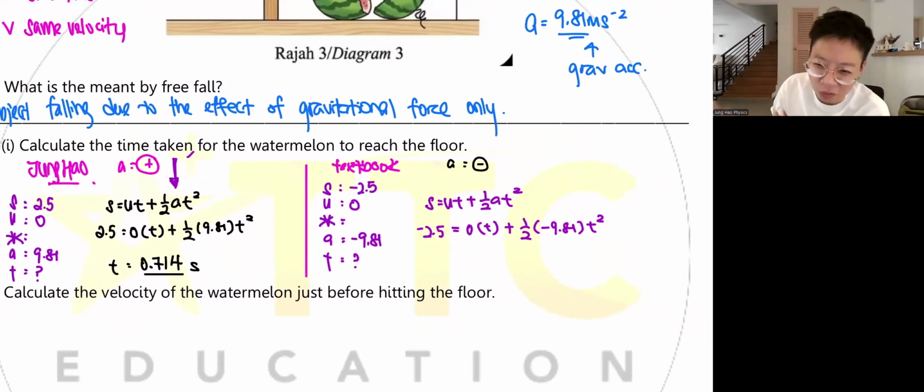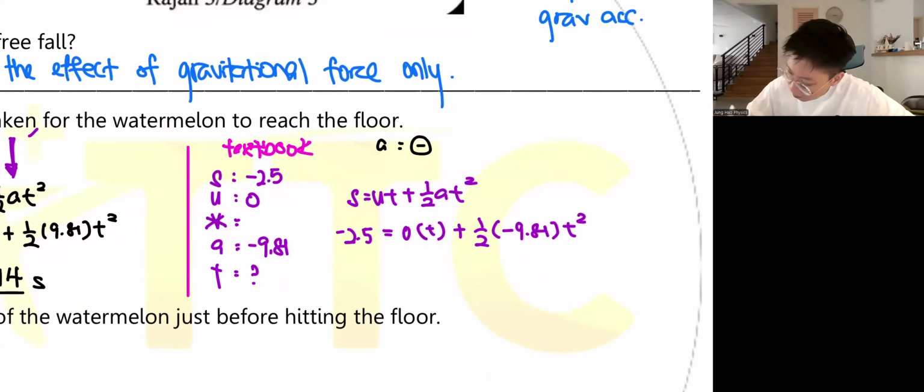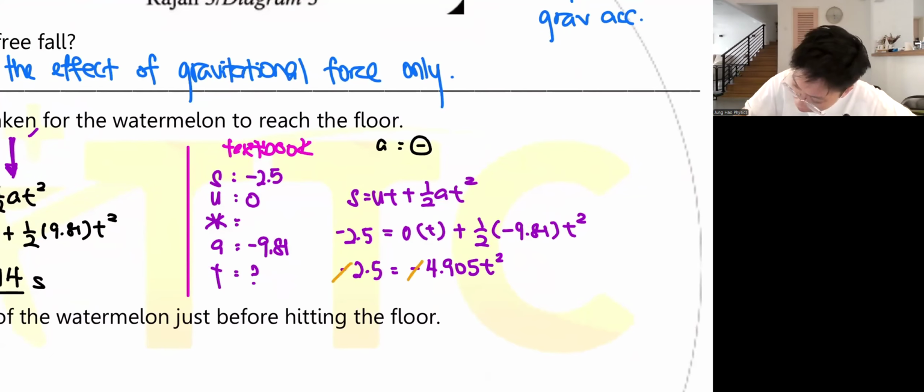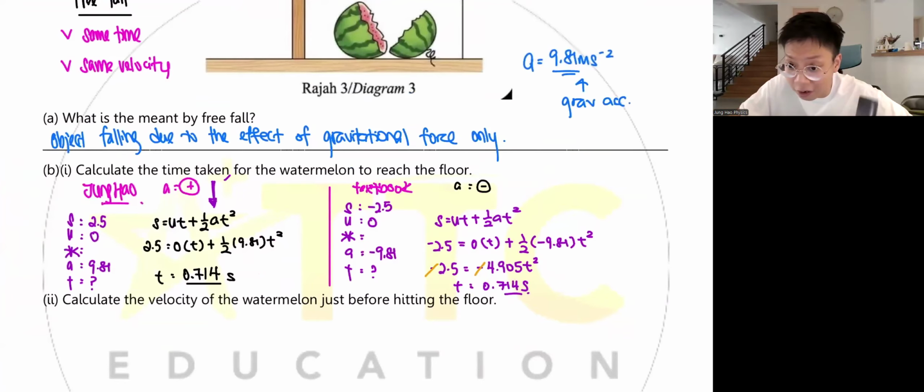Let me explain to you after I finish my calculation. You will realize that at the end, I will have negative 2.5 here. I will have negative 4.905 t squared here. I realize that the negatives will cancel each other out. So you will realize that your t will also become 0.714 seconds. Okay, Ken, all right.